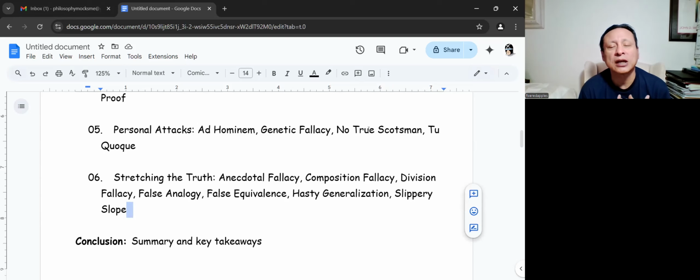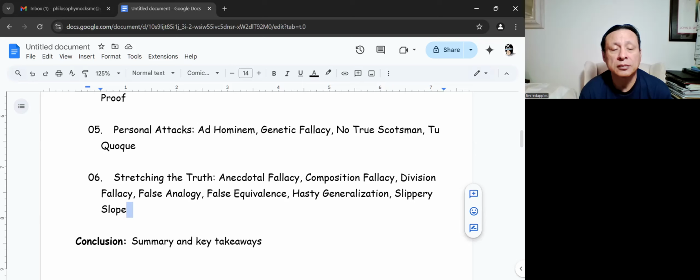Sure, we understand why you maybe have a bad opinion about Mexicans, or are wary of Mexicans now. But it's an anecdotal fallacy, because you're generalizing way too much. It's a generalization fallacy. Composition fallacy, division fallacy. Composition and division are the opposites of each other.